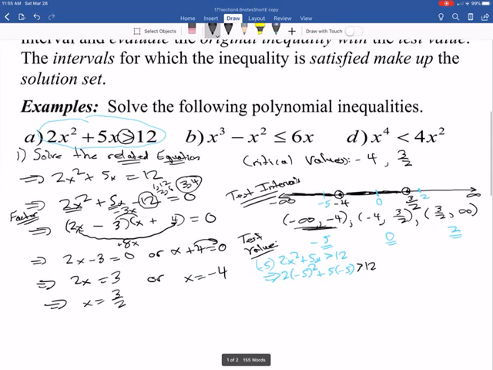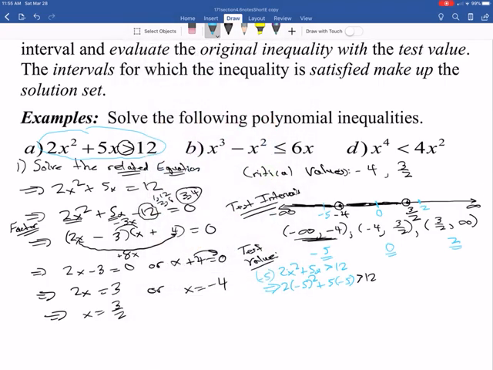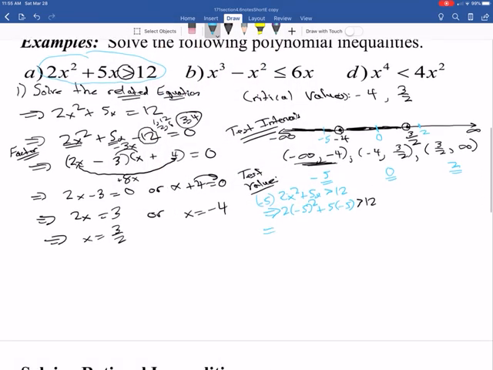We know -5 squared is 25, so 2 times 25, plus 5 times -5, which is -25. That's 50 minus 25, which is 25. 25 is greater than 12. It works. So all x values less than -4 are in the solution set. It satisfies the polynomial inequality.